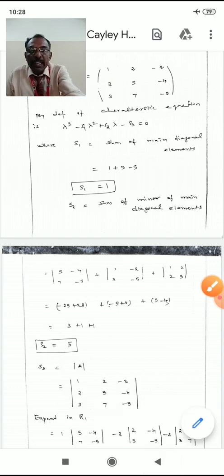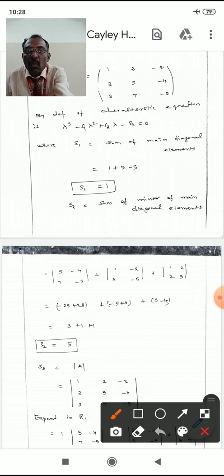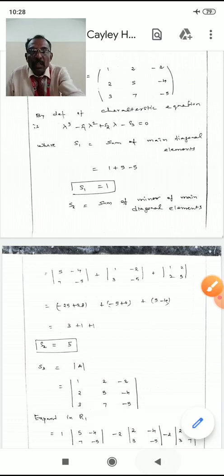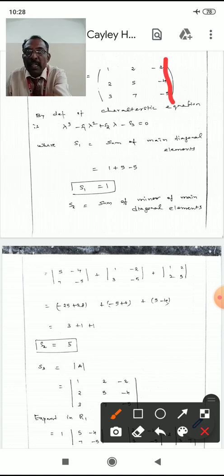Next we take 5, located in the 2 by 2 cell, omitting the second row and second column. The minor of the 2 by 2 cell is 1, minus 2, 3, minus 5. We take the determinant of this 2 by 2 matrix. The last one, the minor of the 3 by 3 cell, ignore the third column and third row.